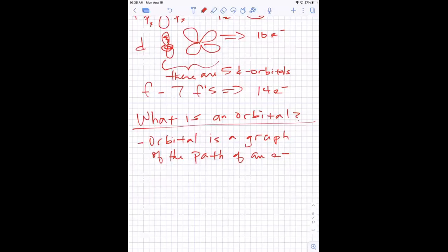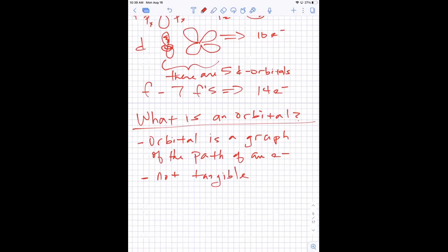That's one thing we need to understand: it's not tangible, it's theoretical. I can't go to Home Depot and buy a box of orbitals, or go to Lowe's or the electron store. It's only an approximation of the path that an electron takes around the nucleus of an atom.